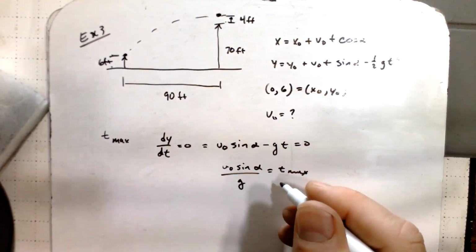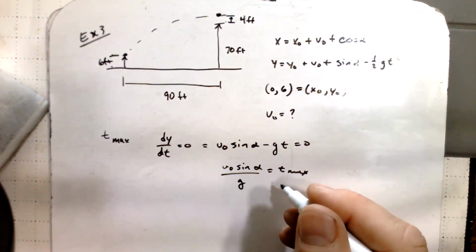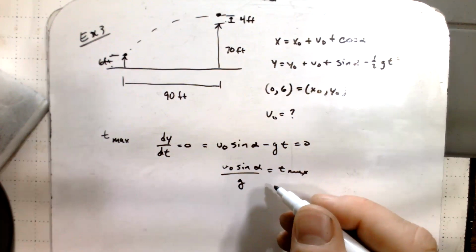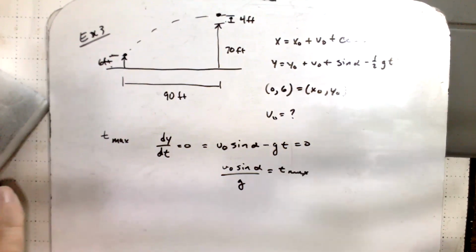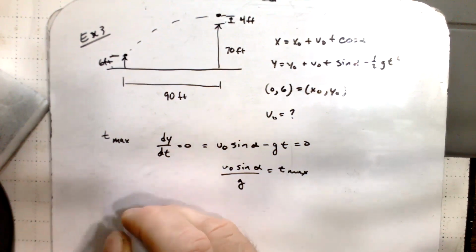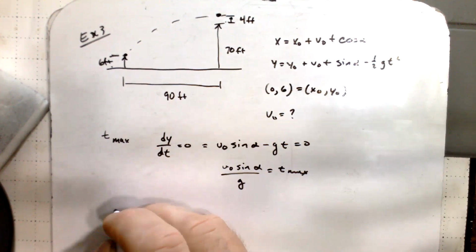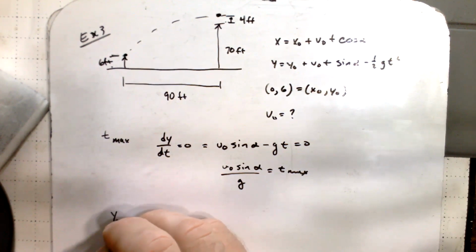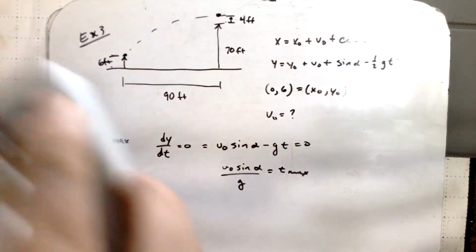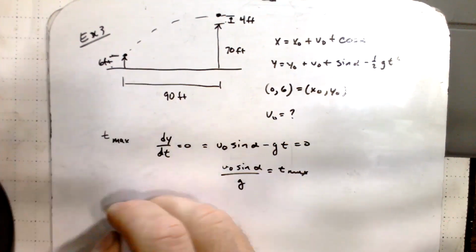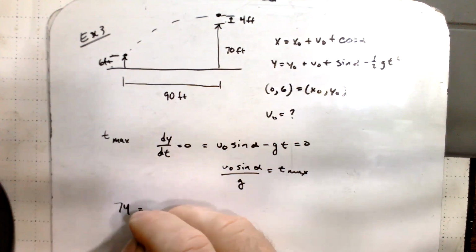And so we wanted to know what the maximum height was. We could plug that into the y equation here. If we did that, let's just go ahead and put in the numbers. So 74 is the y max that we want.